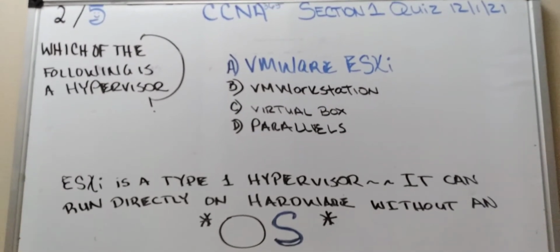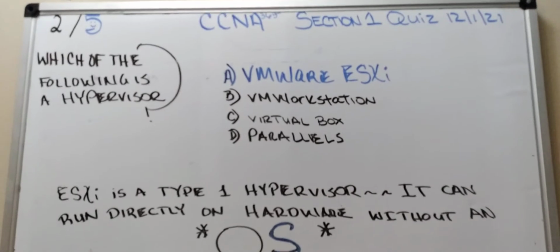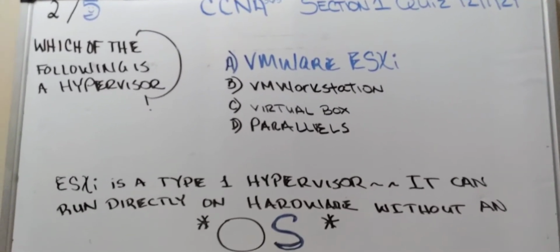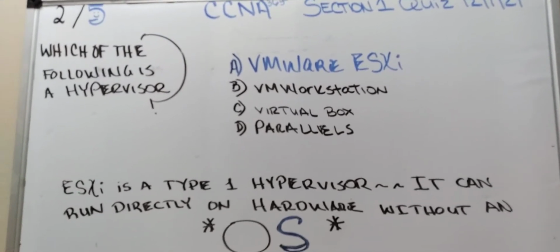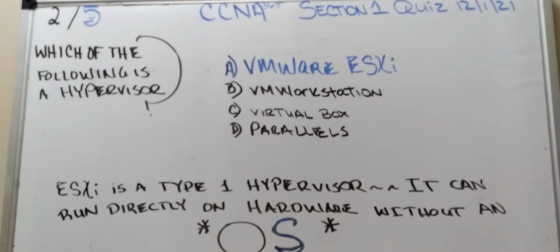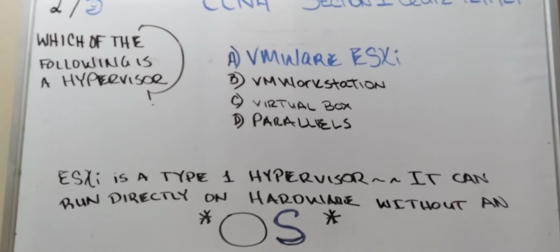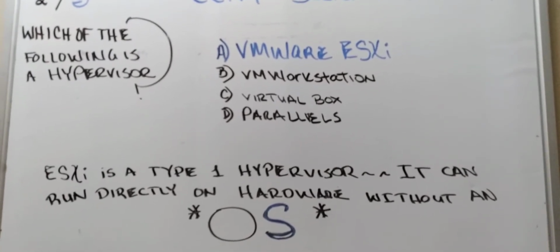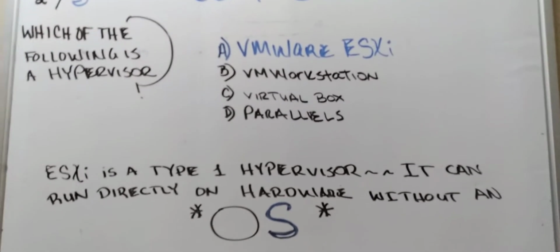So, number 2, which of the following is a hypervisor? A, VMware ESXi, B, VM Workstation, C, VirtualBox, D, Parallels. If you chose A, which you can see is in blue, VMware ESXi is the correct answer.